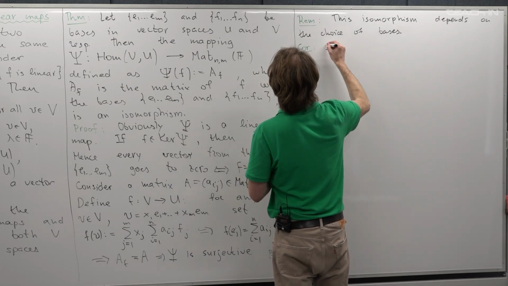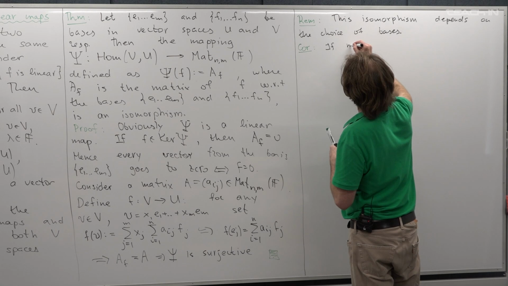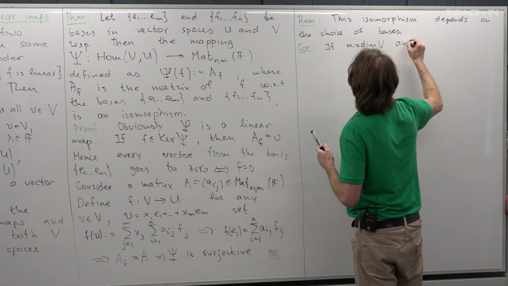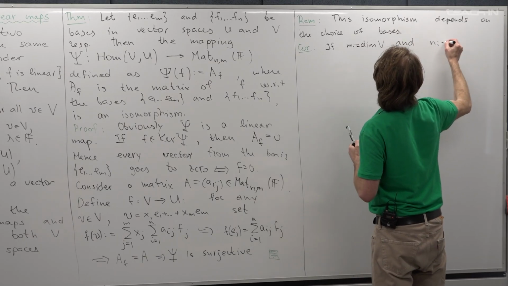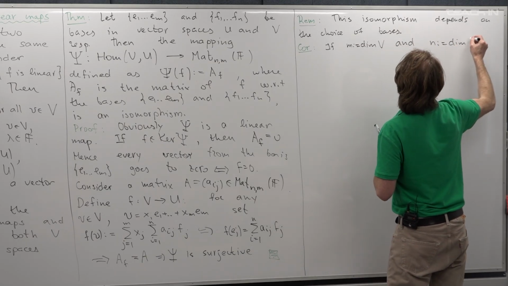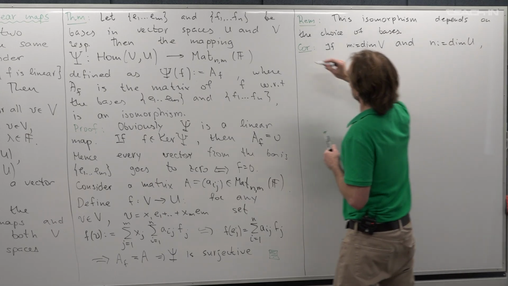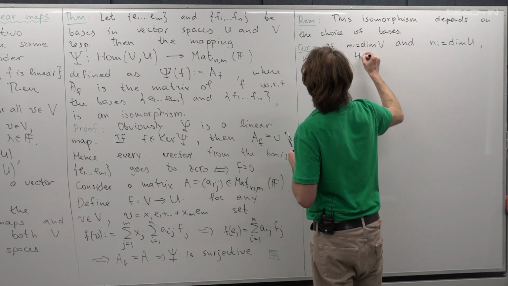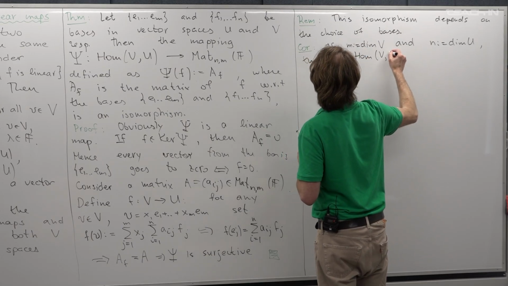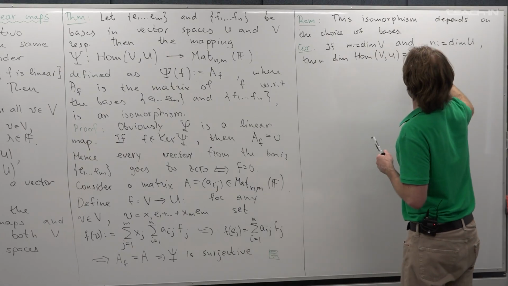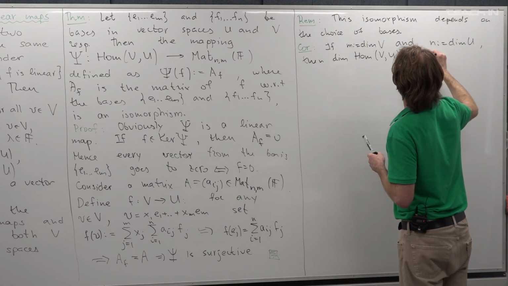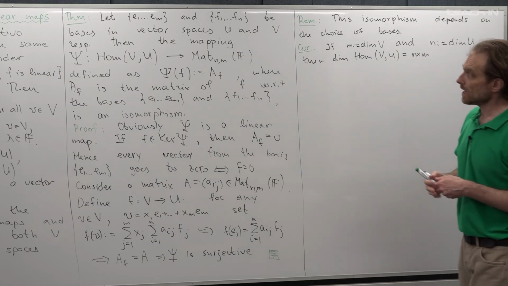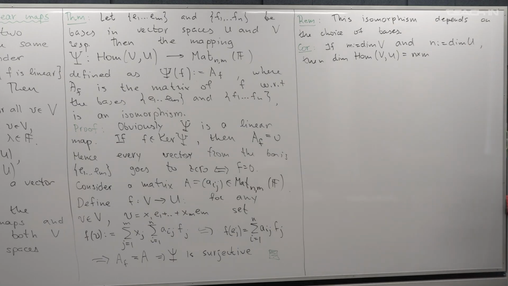So if M is the dimension of V and N is the dimension of U, then the dimension of the space of linear mappings from V to U equals N multiplied by M. It follows from the fact that this is the dimension of the space of matrices.